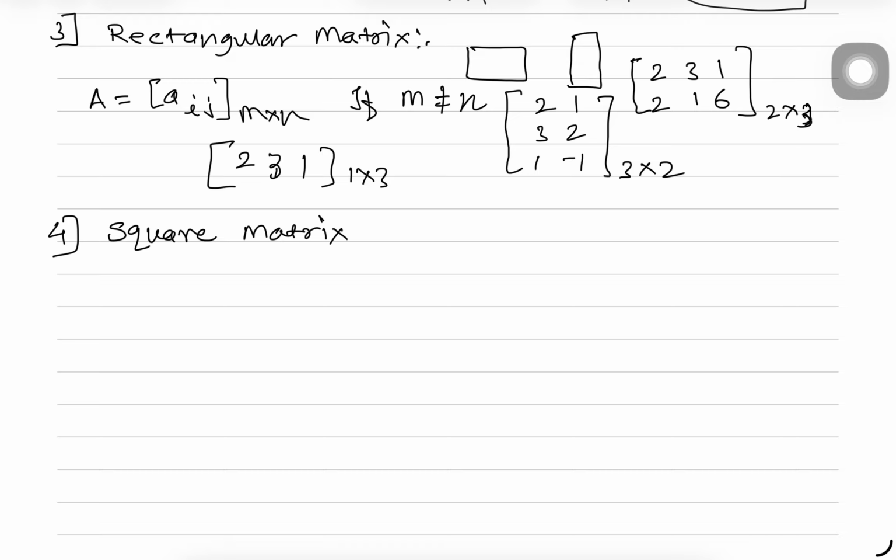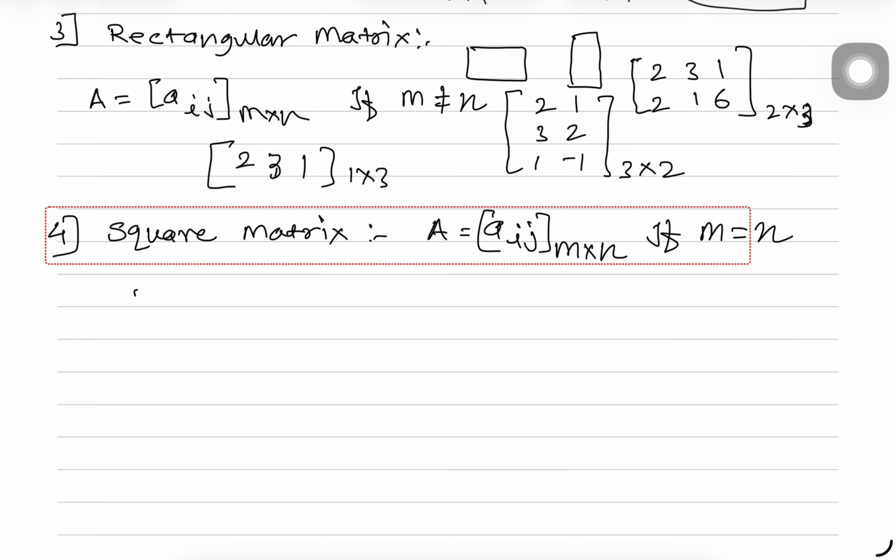Square matrix. For A of ij, m cross n, if m is equal to n, that is, the number of rows equals the number of columns, it is called a square matrix.